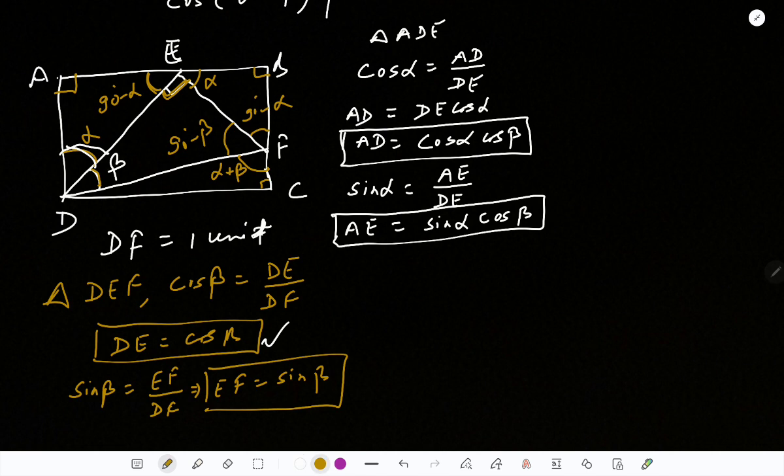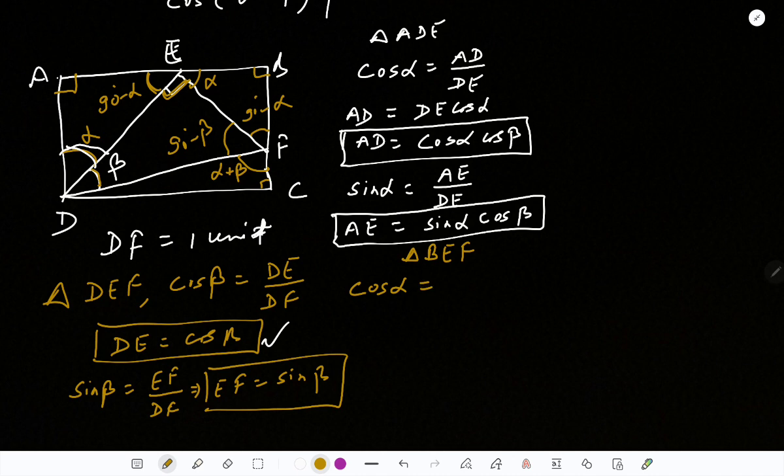Now consider another triangle, BEF, and in this triangle what can we do? There is an angle alpha here, so we can find cos alpha and sin alpha. Let's find cos alpha first.